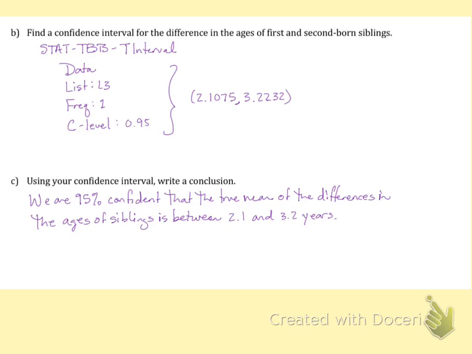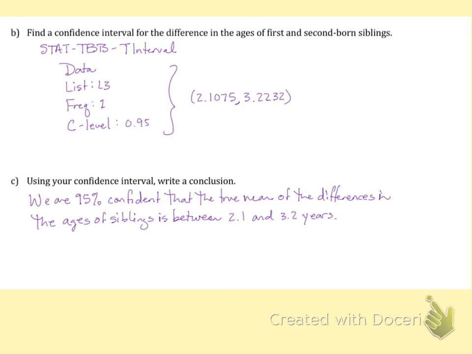So this sample is indicating that the difference in the ages of siblings is between 2.1 and 3.2 years, which means that this sample does not support the idea that parents are waiting longer than 2 years. It could be that they are.